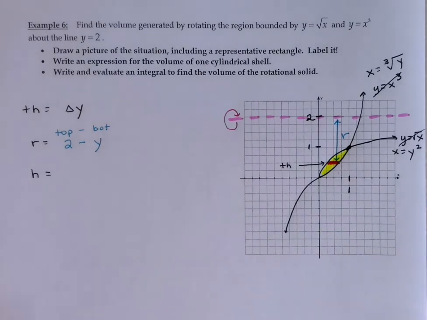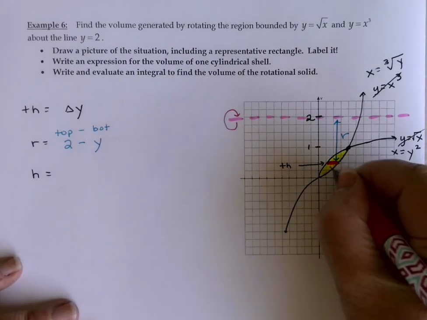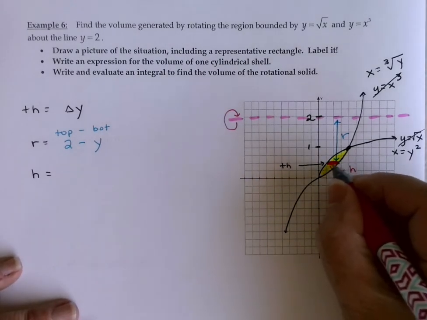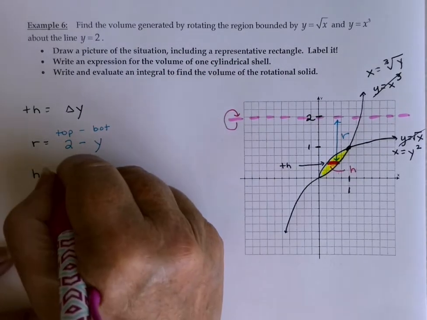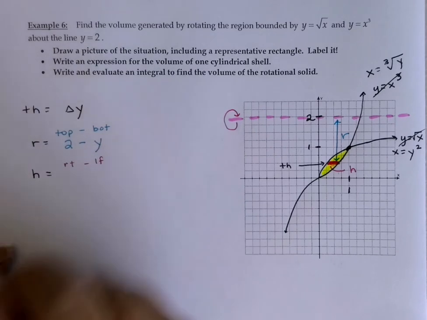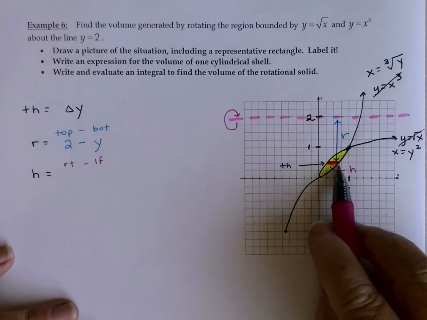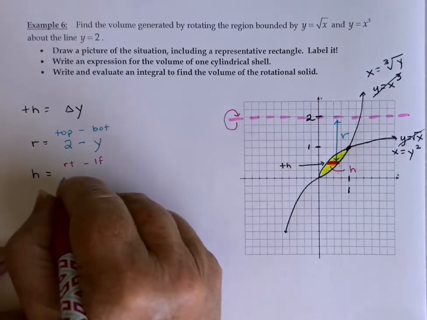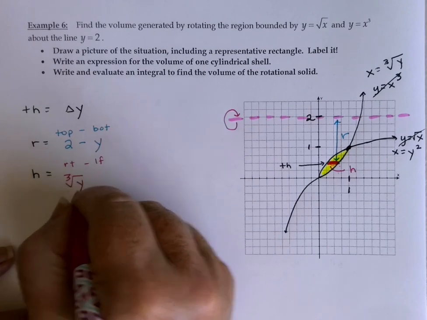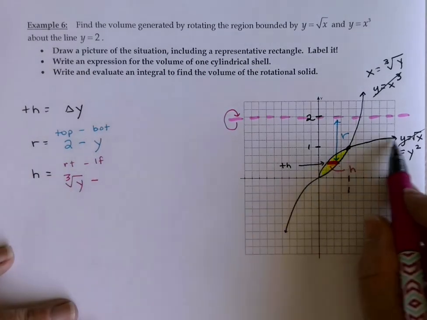The height, just like last time, is actually the length of this rectangle, right minus left, and the right is the cube root of y, minus the left, which is y squared.